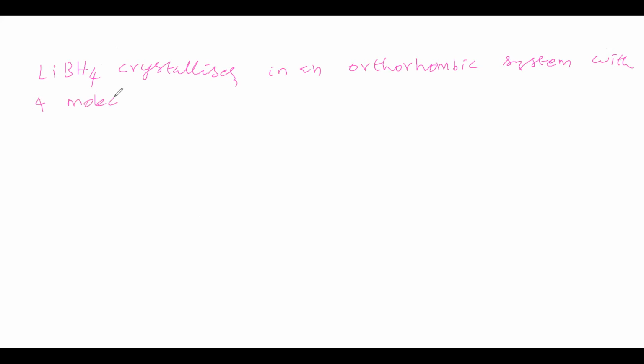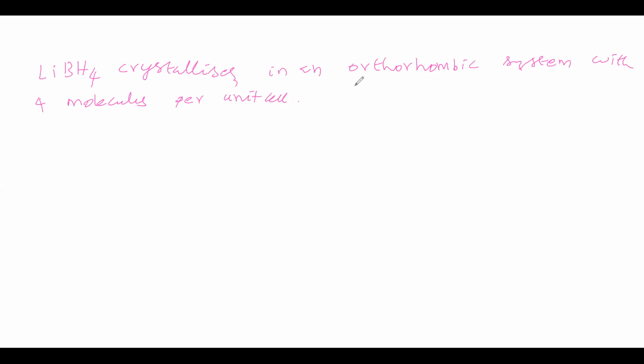Now, in this question, lithium borohydride is taken. Is it a reducing agent or oxidizing agent? Okay, reducing agent. Lithium borohydride crystallizes in an orthorhombic system with 4 molecules per unit cell.